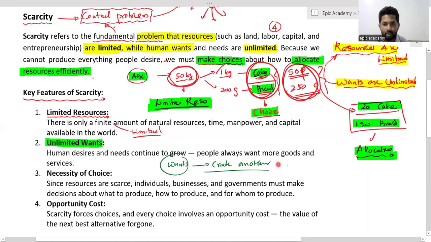As an example, just consider one person builds a small house, just two bedrooms, a simple house. Anyone can live in it. But after a few days or months, he tries to develop it.